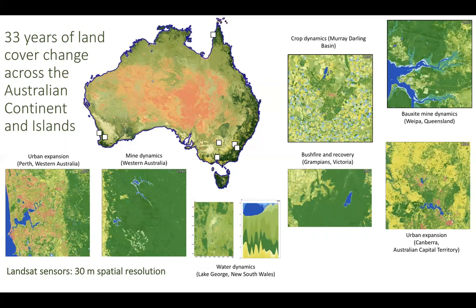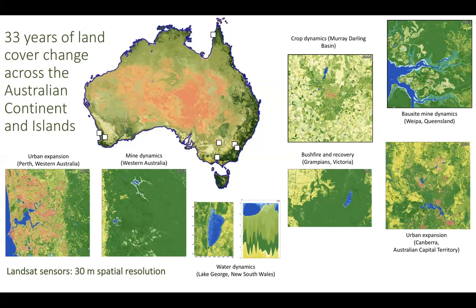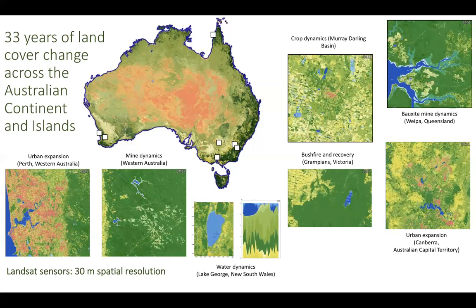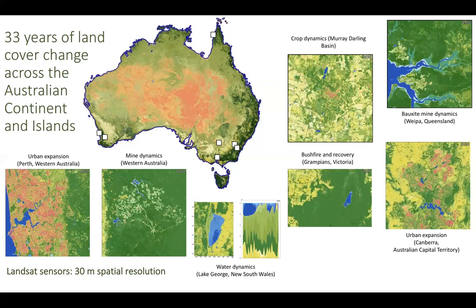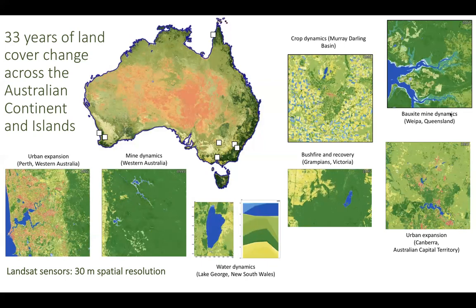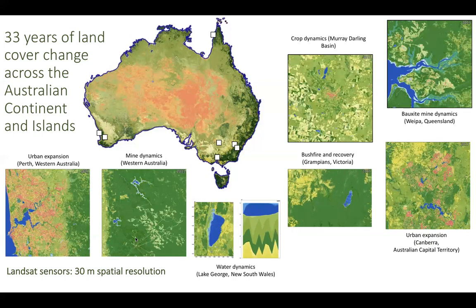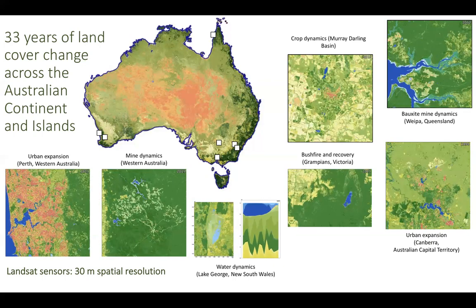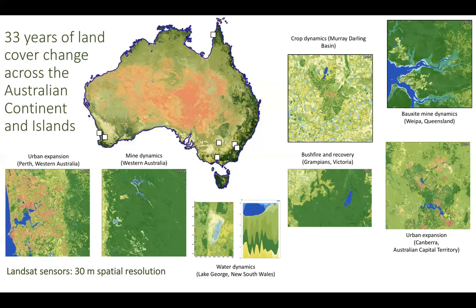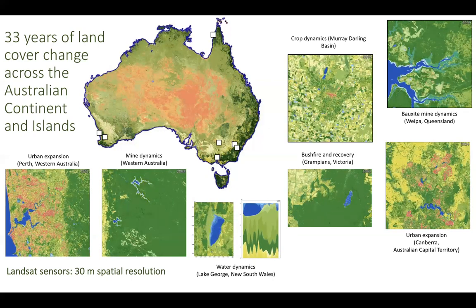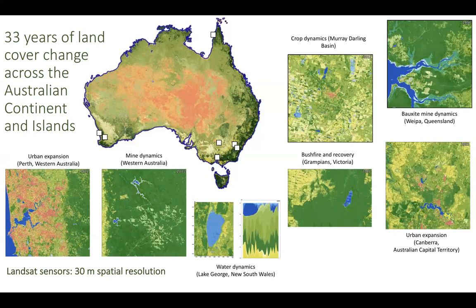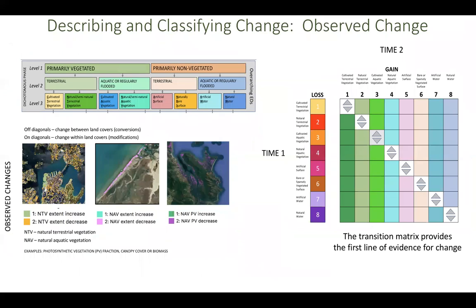I'll leave that running for a little bit. You see the water hydro period, then the fire, and then you get another fire, but you get that recovery. And you can see loss of biomass through the bauxite mines in the north and creeping up through there in Western Australia as well. You can see the progressive clearing, but then there's also recovery as well. And there's urban expansion. So you start to get an idea of the changes that are happening.